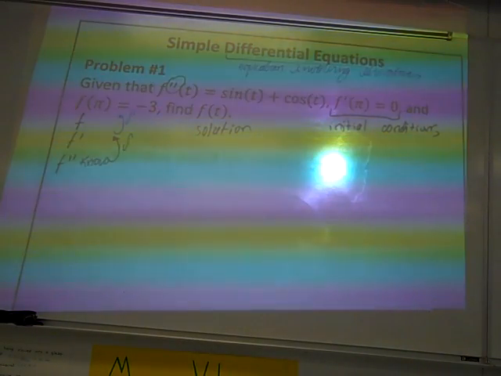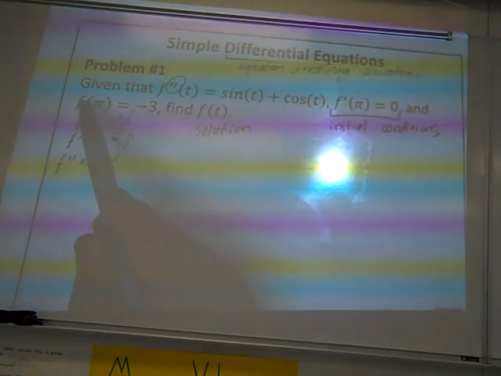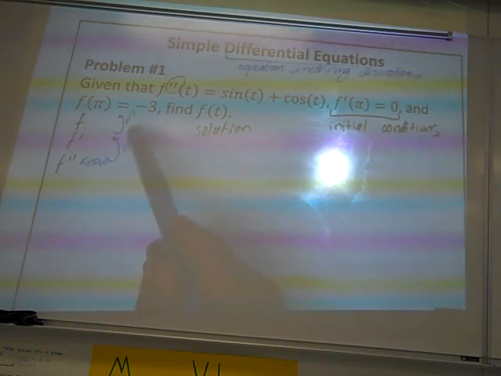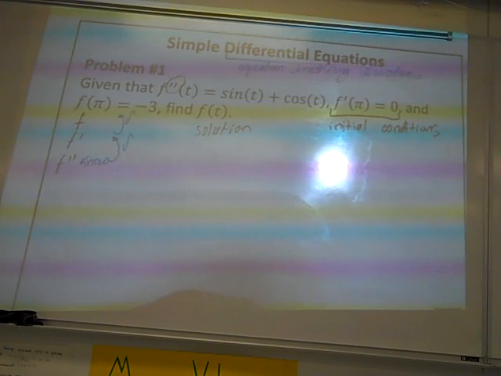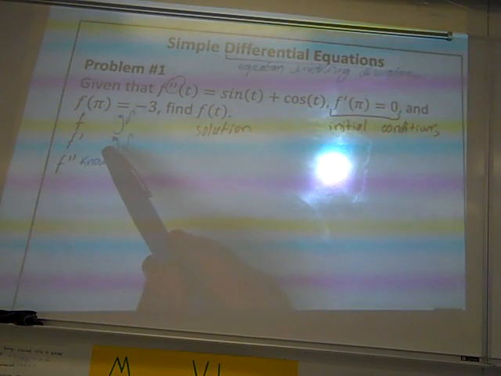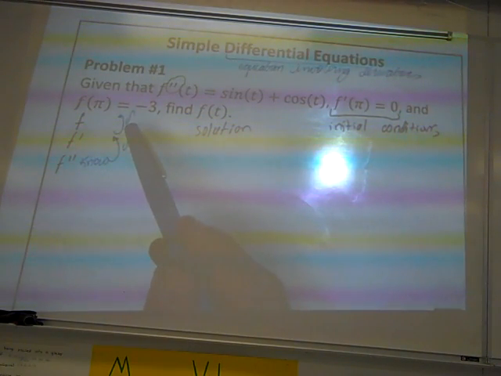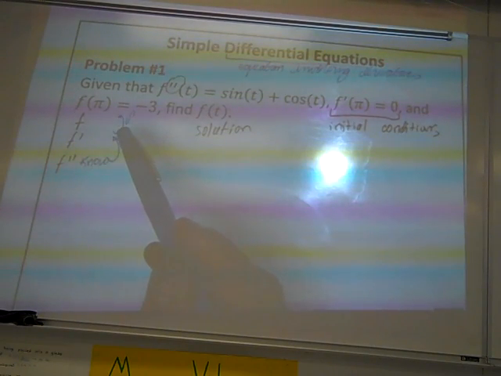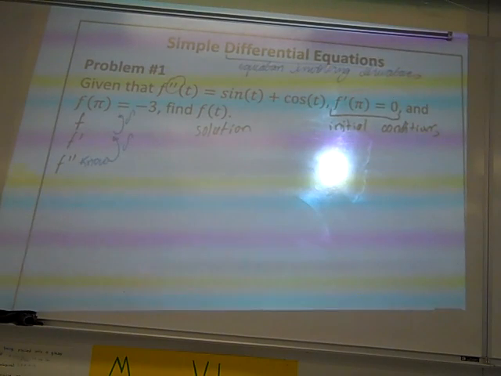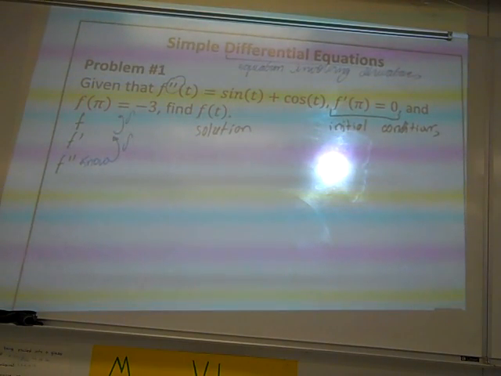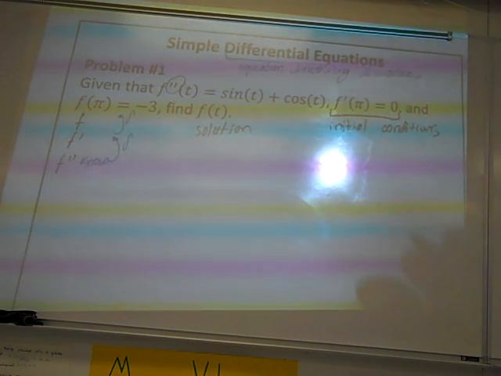So if I'm given the second derivative, and I want to get back to the original function, we're going to have to integrate twice. Simple differential equations are the kinds of differential equations where just integrating or taking an antiderivative is what's going to get you to your final answer. Later on in the video, we'll talk about separable differential equations that require a little fancier moves.